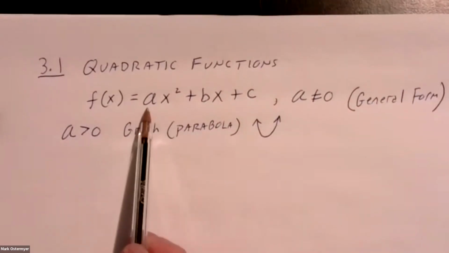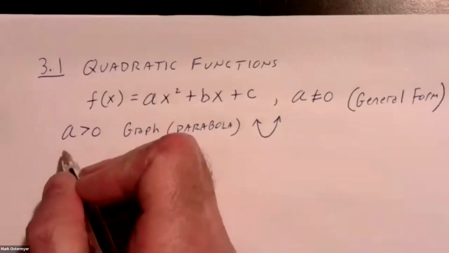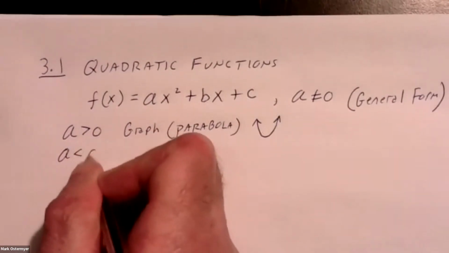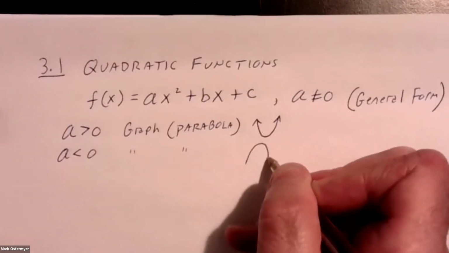So if the leading coefficient is positive, the parabolic graph will open upwards. It'll look like this. If the leading coefficient a is negative, then the parabola will open downwards.